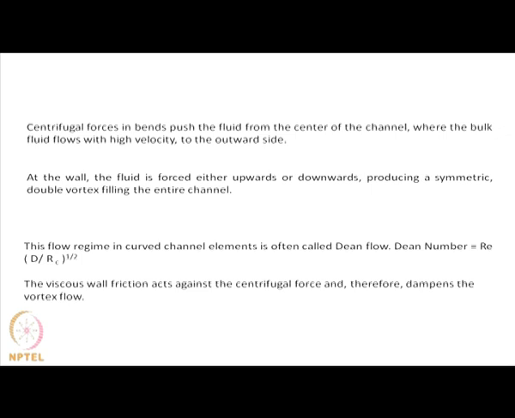Now, this flow regime in curved elements is often called Dean flow, and it's the viscous wall friction which acts against the centrifugal forces present in those bends, and will bring order to the system.